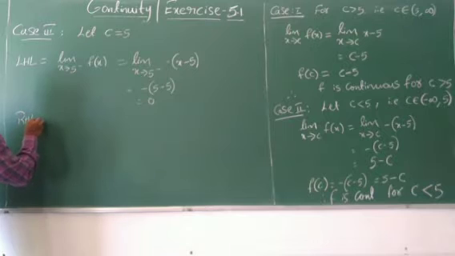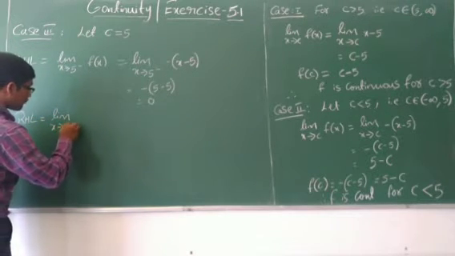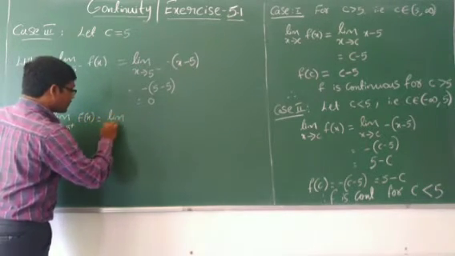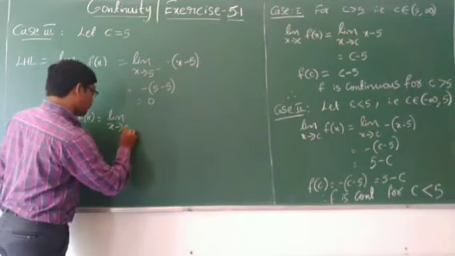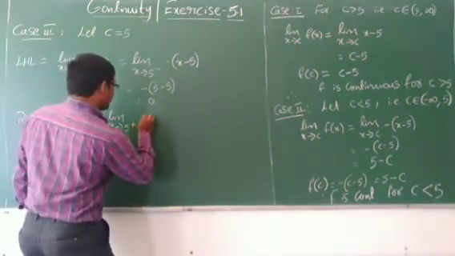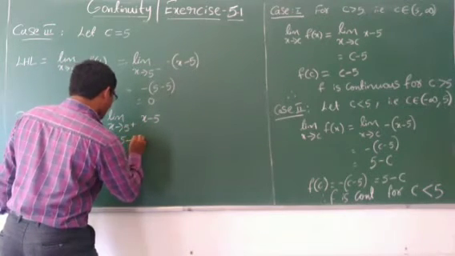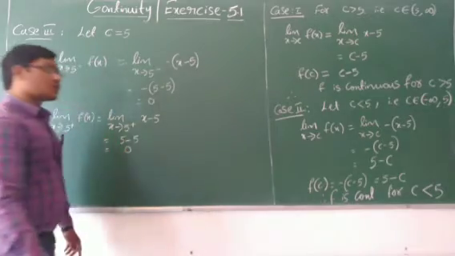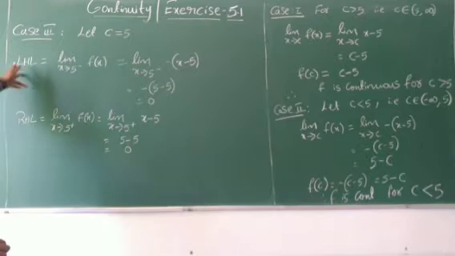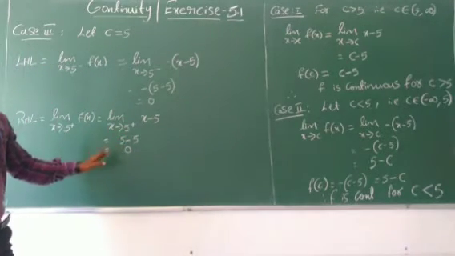For the right hand limit, x tends to 5 plus, f of x. For x greater than 5, the function is x minus 5, which is 5 minus 5, which is equal to 0. Then both the limits are equal. Left hand limit and right hand limit are equal. That means the limit exists.